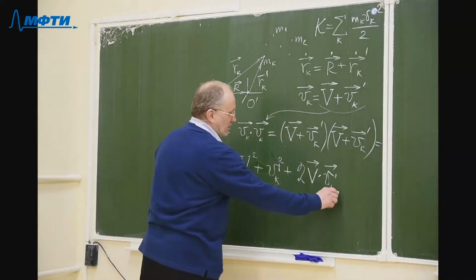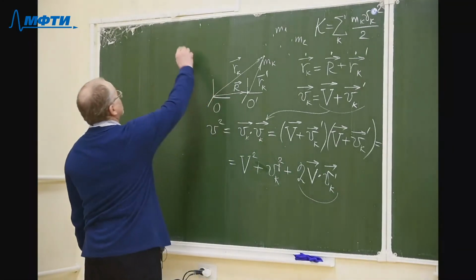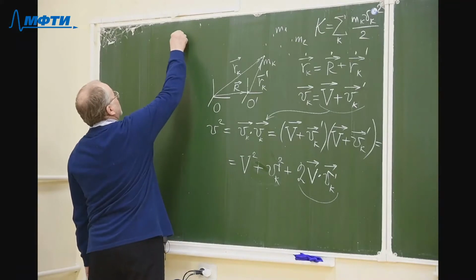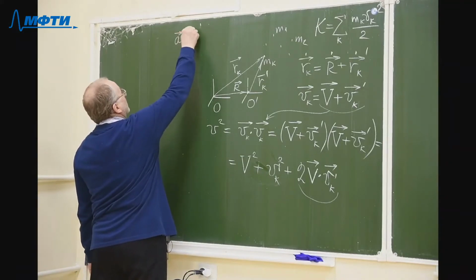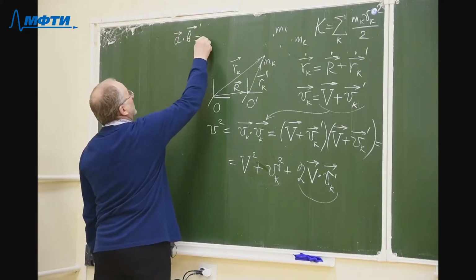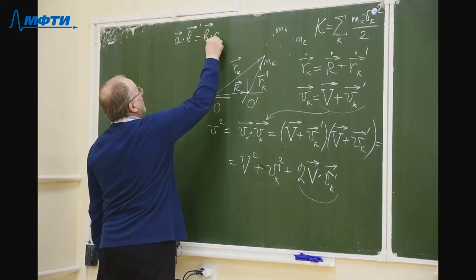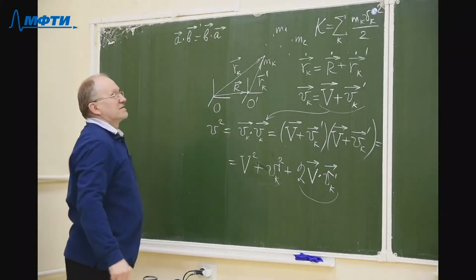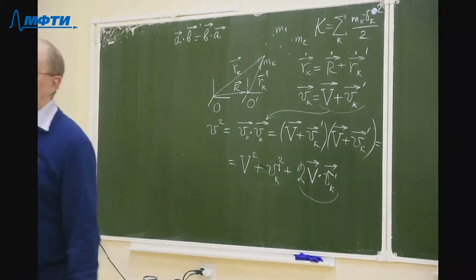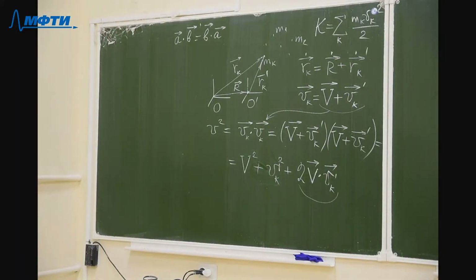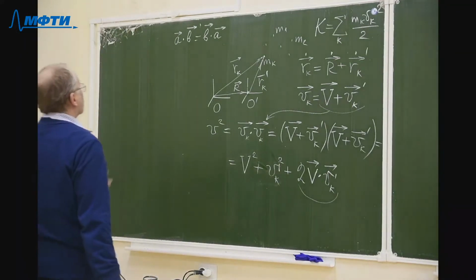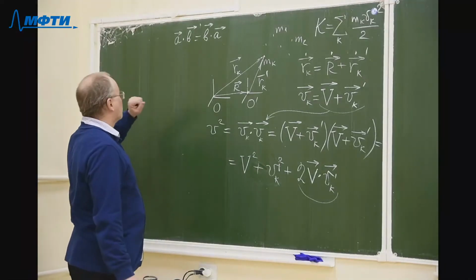When I write down this expression, I take into account the simple fact that the scalar product of vectors A, B equals B, A. In scalar product, you can change places, the order of multiplicands.